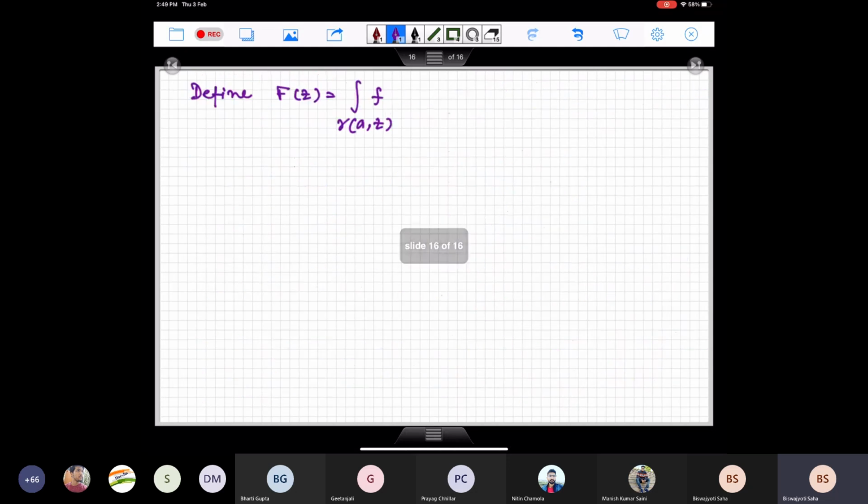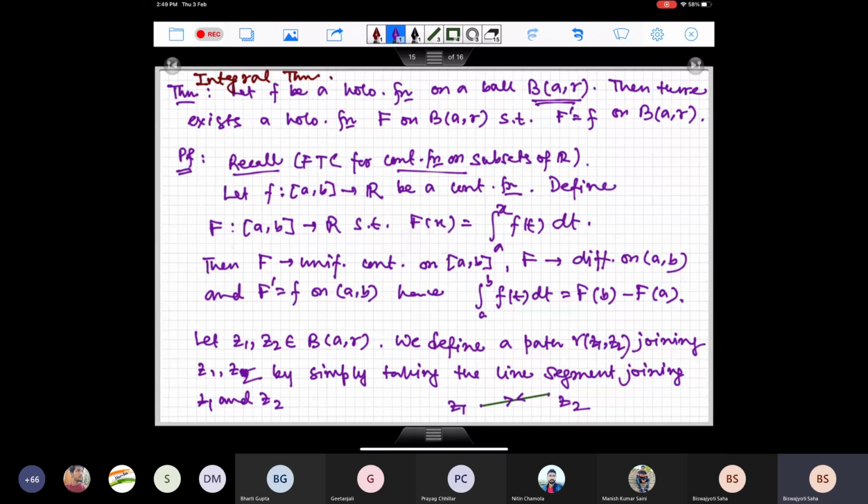For all z in the ball, I am defining capital F as the integral of little f along the path gamma a z. Do you see this? Yes, this definition is quite analogous to the one which we had in the real case, right?